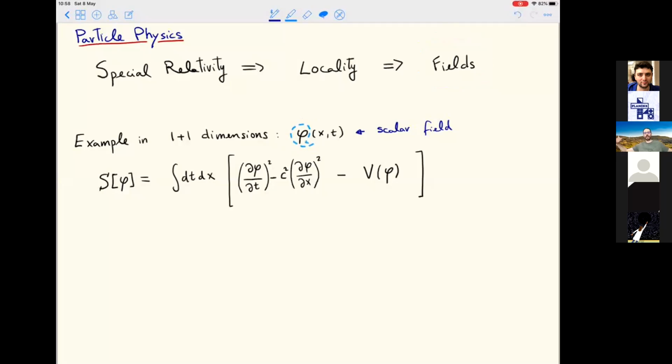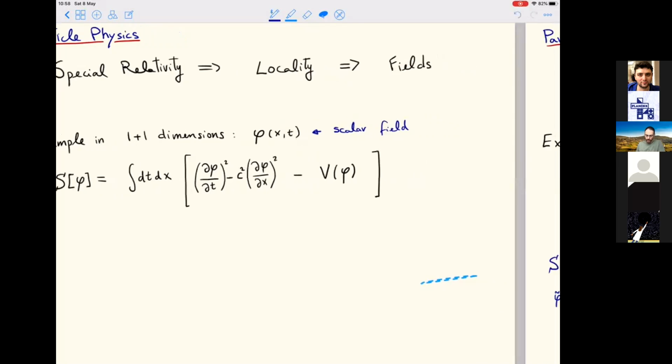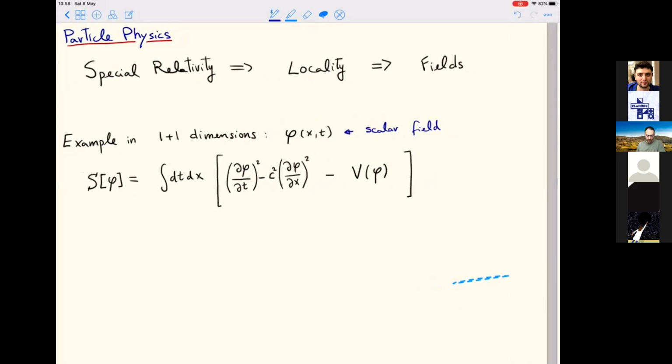If you have a string on a guitar and you start vibrating it, this is basically the action for the height of the string, for the displacement of the string, if you call that the field phi. So this is a trivial example of a quantum field theory.